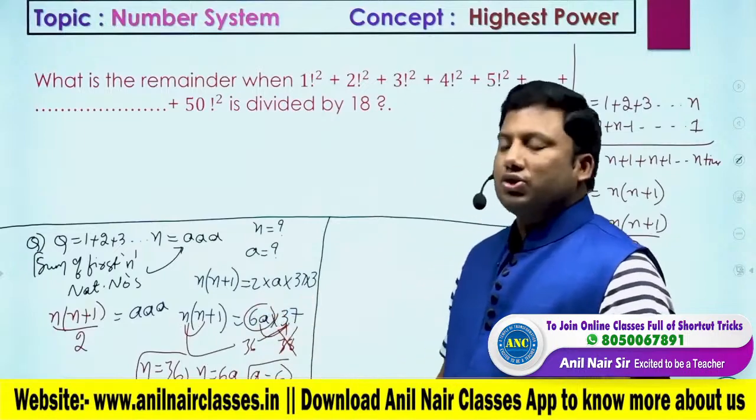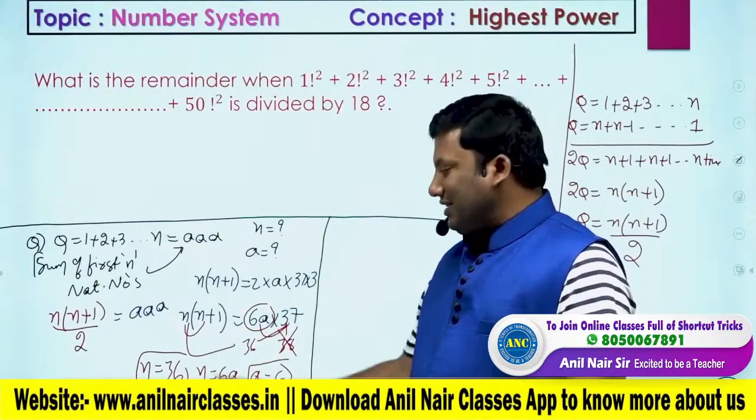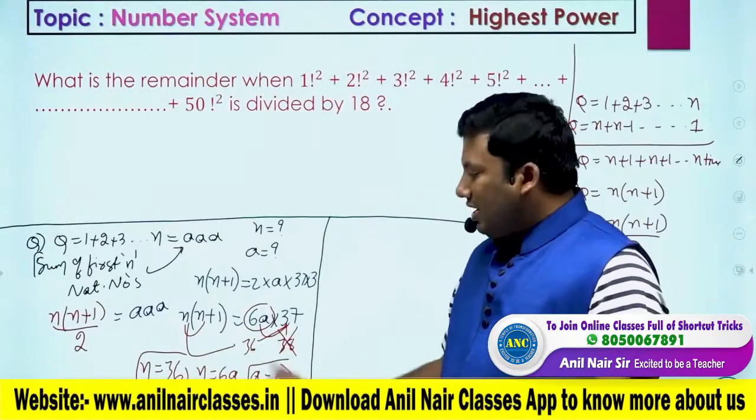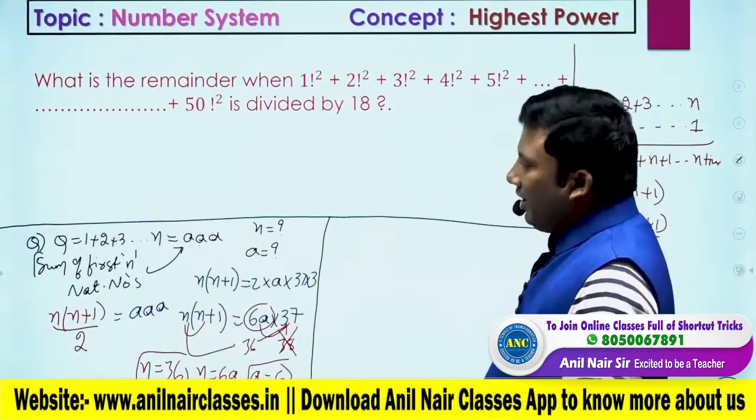So consecutive to 37 is 36. N value 36, 6A is 36, so A value is 6.